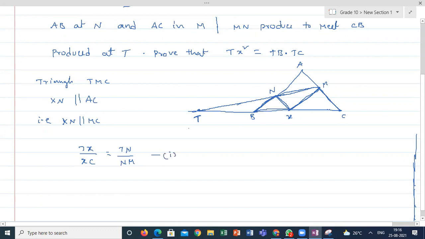This is my first equation. I want Tx square to be equal to the product of Tb into Tc.